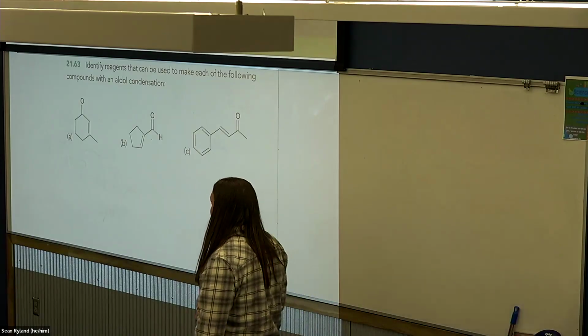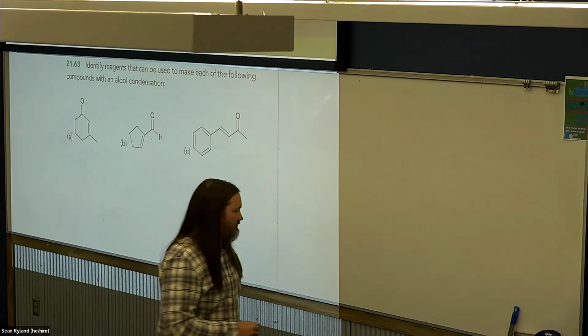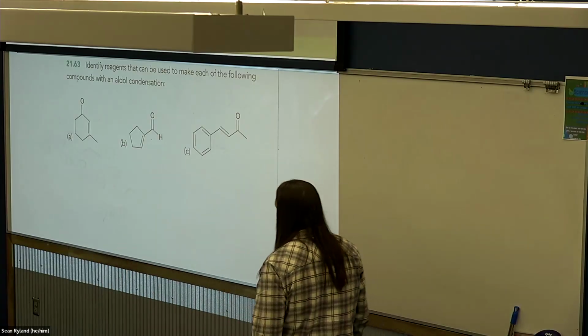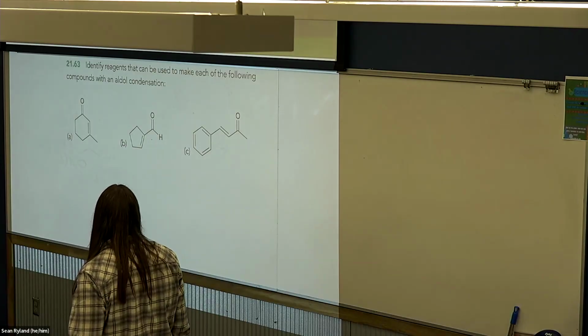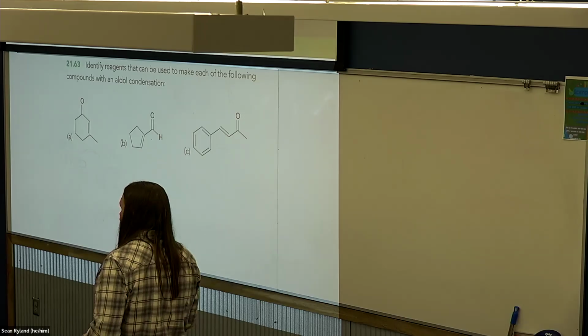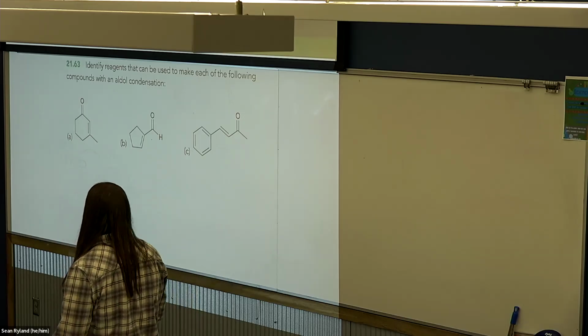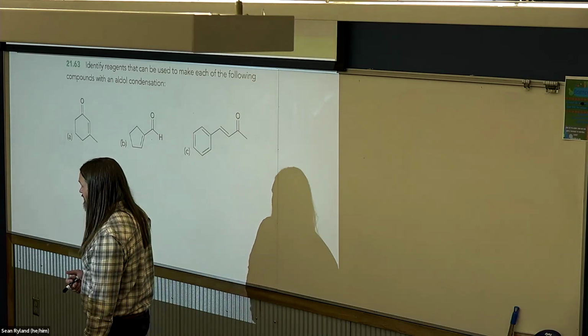So let's do one of these, and then we'll take our break and do the other two when we come back. Let's do A. So first, undo the alpha beta unsaturation, put the OH on there.